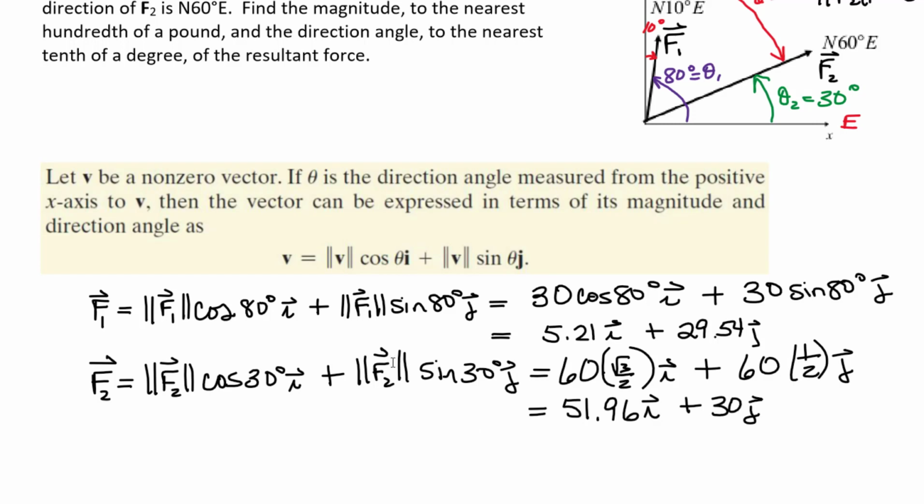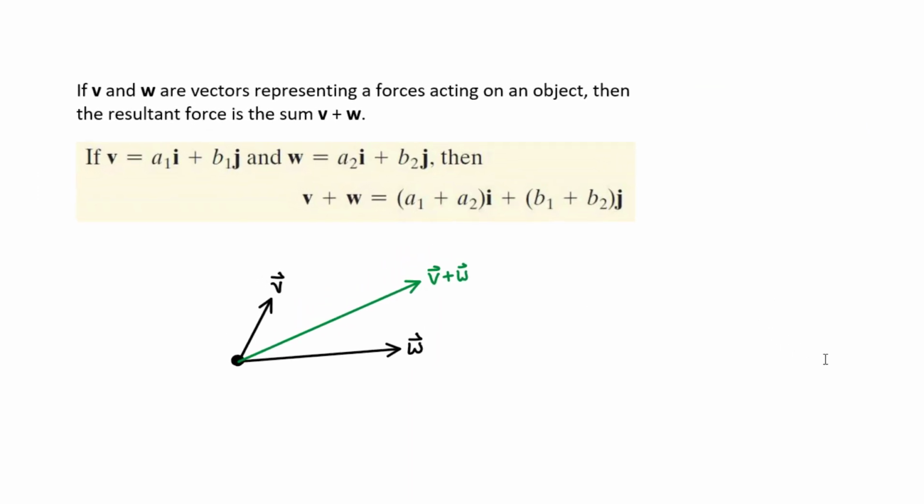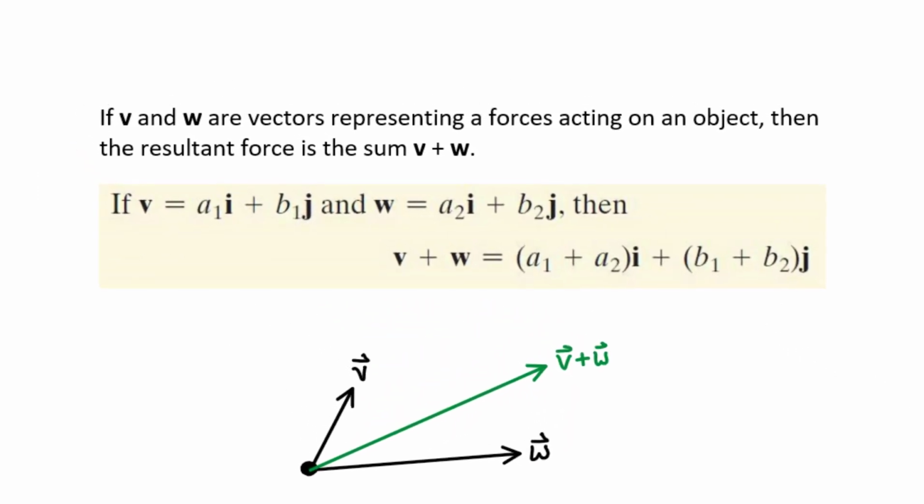Now that we have both F1 and F2 written in this format, we can find the resultant force, F1 plus F2. Remember, all we have to do to find a resultant force is add the two vectors together by adding the coefficients of i and j.